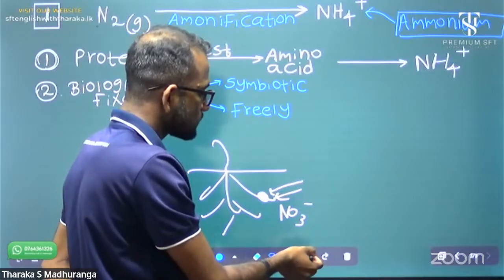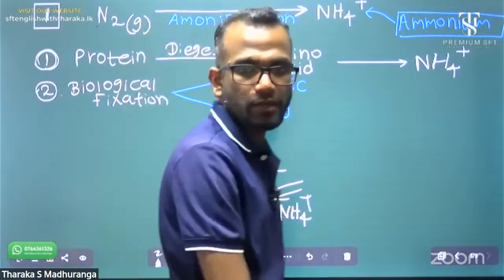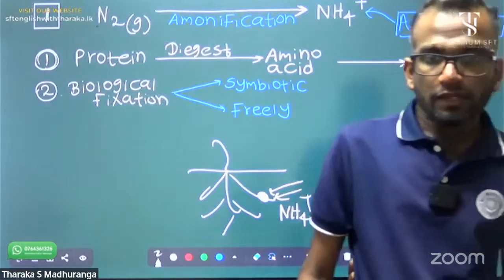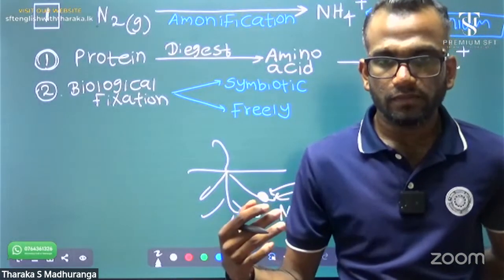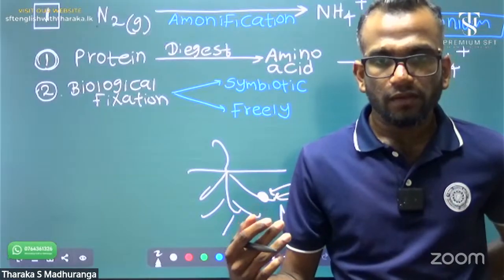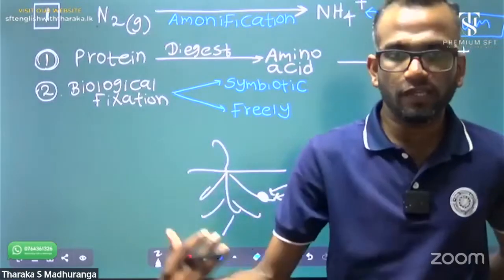Sorry, not nitrate, ammonium ion. Understood? That we call a symbiotic relationship, symbiotic nitrogen fixation. With the help of the plant, the bacteria fix nitrogen.